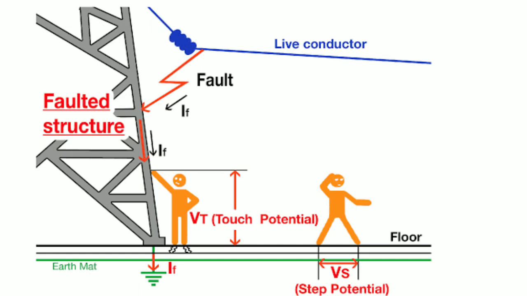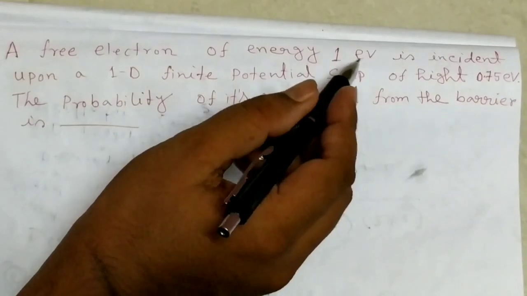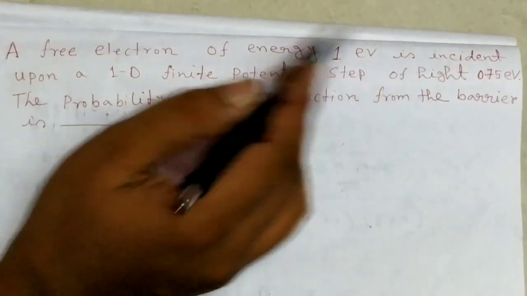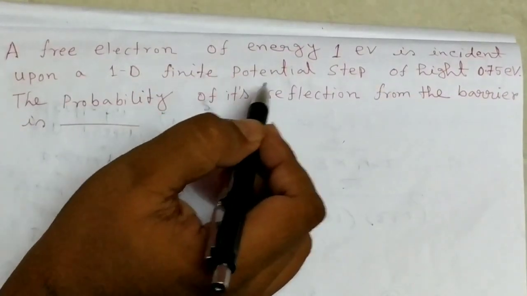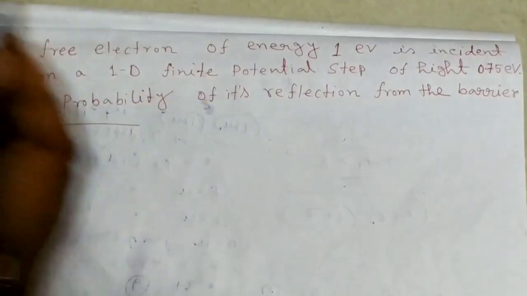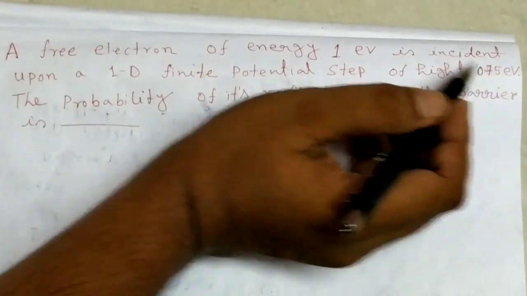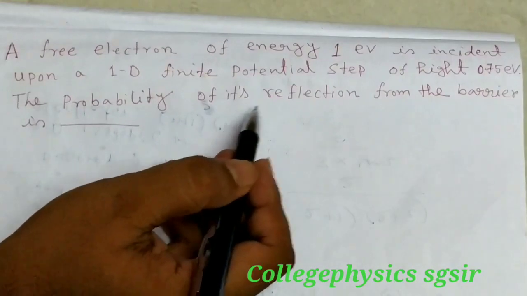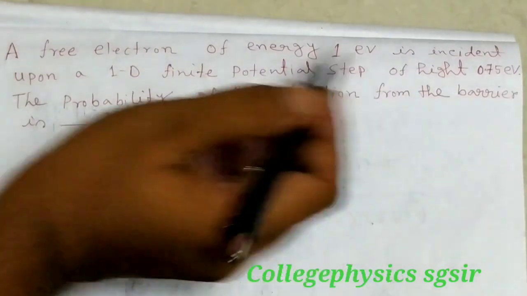Now we discuss another important problem which is related with a one-dimensional finite potential step. The problem is: a free electron of energy 1 electron volt is incident upon a one-dimensional finite potential step of height 0.75 electron volt. The probability of its reflection from the barrier is?